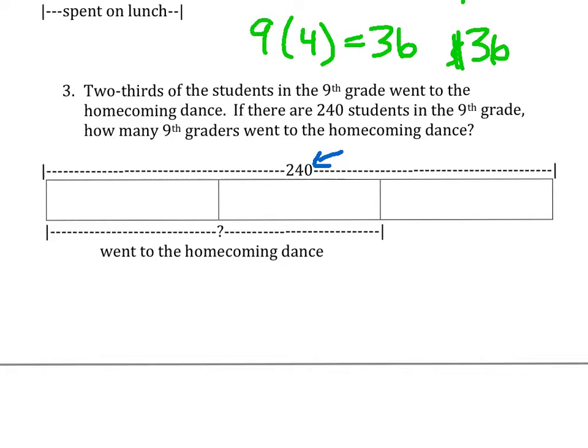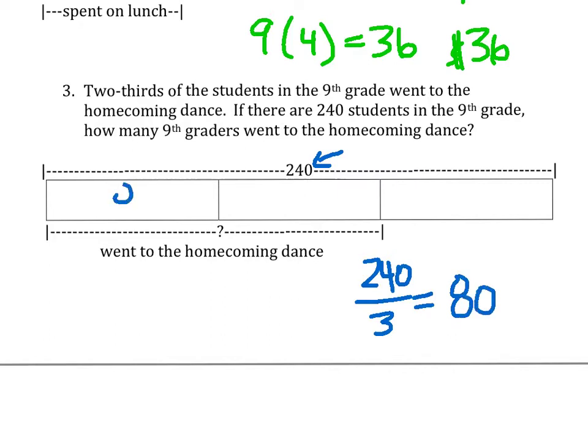And we're specifically looking to identify what is 2/3 of the 9th grade. So if you have 240 and we have 3 boxes here, that becomes a situation where we're dividing 240 by 3, which, if Mr. Cicero has taught me correctly, that would be 80.